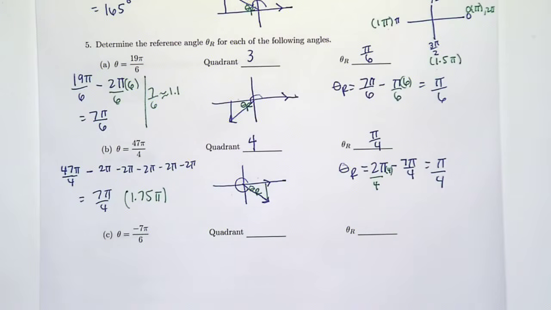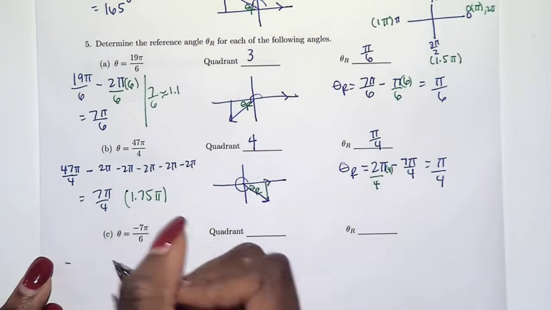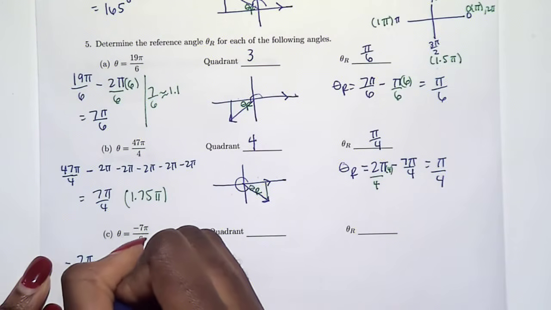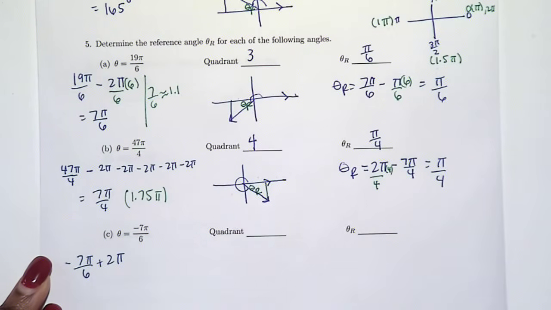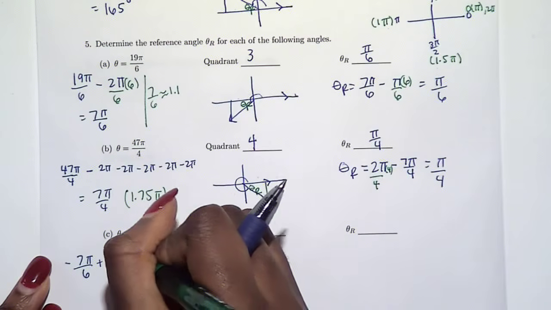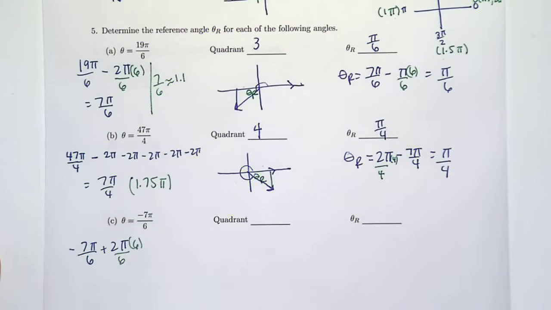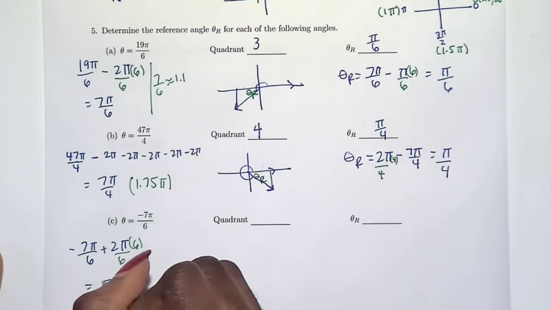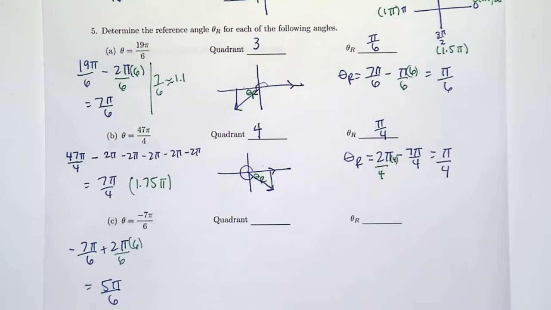All right, last one. So we have our angle is negative 7 pi over 6. We already know that's not on our circle because it's negative. So let's add 2 pi to get us on our circle. Common denominator. Negative 7 plus 12, that's 5 pi over 6.